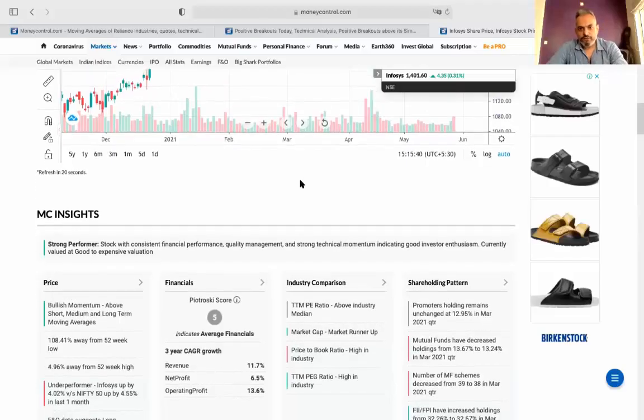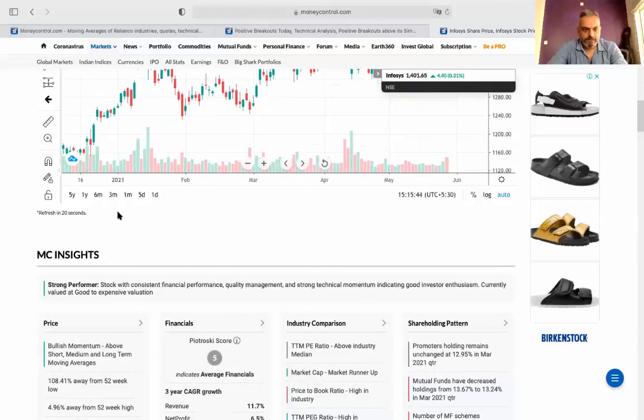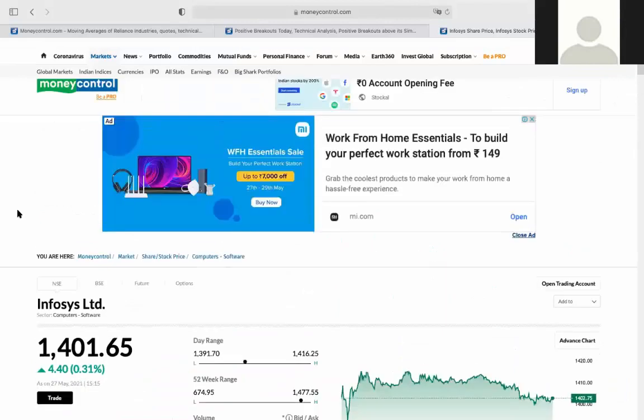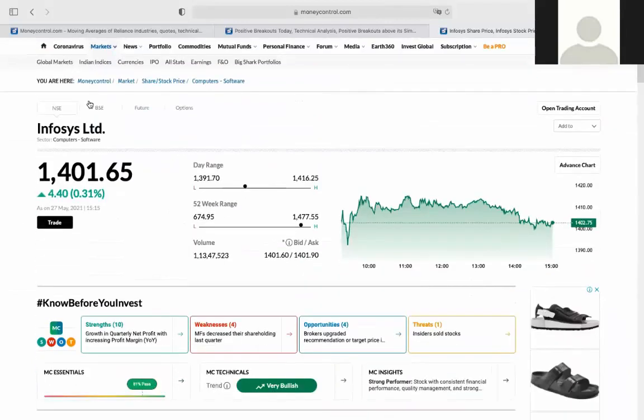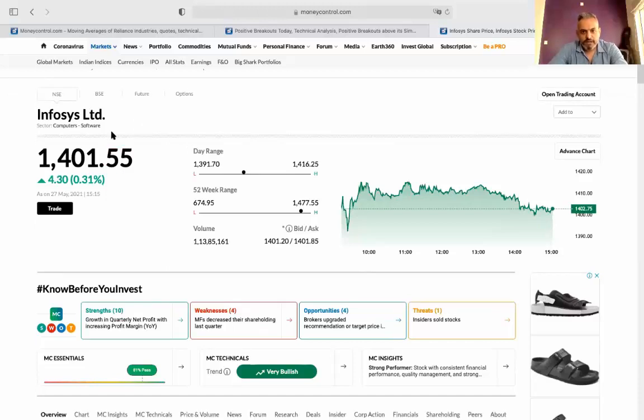Now, can all of you see this Moneycontrol web page? Is it visible to you? Yes, sir. Okay, now see, this is the price of Infosys Limited. You can see it is given Infosys. This is a daily chart beginning from 9:15.